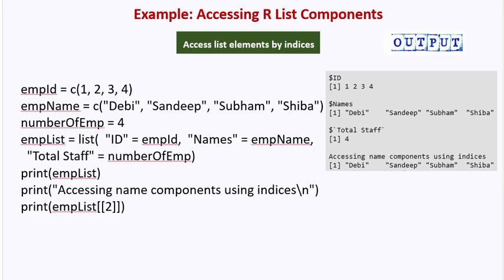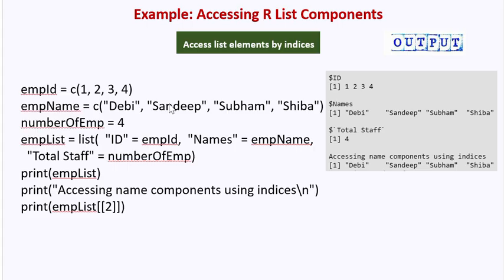These are the names for the elements in the list, which help us to access them by name. Finally we print the details in the list, such as all the employee information. If I want a particular set of data, I have to use its index value.